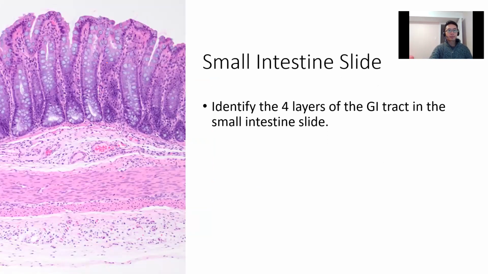Small intestine. Identify the 4 layers again. Okay, so again, it's easiest to go from the outermost layer. This is the serosa. You can see the muscularis here. You have the outer longitudinal right here, and then this is the circular. You can see that's where the boundary is, right?